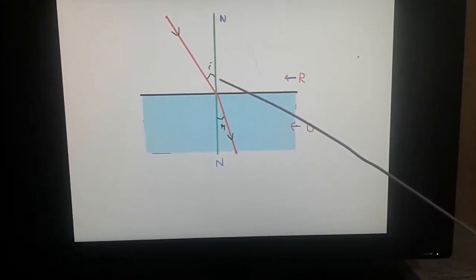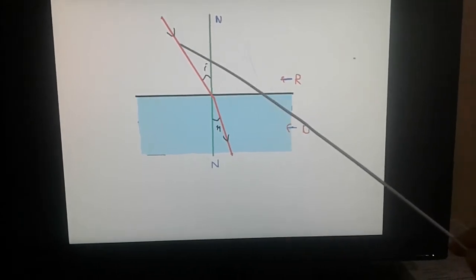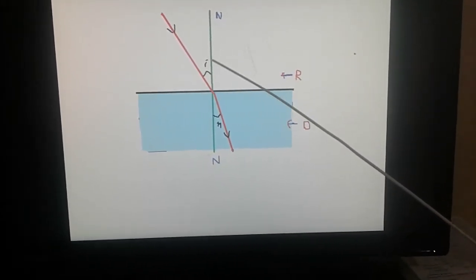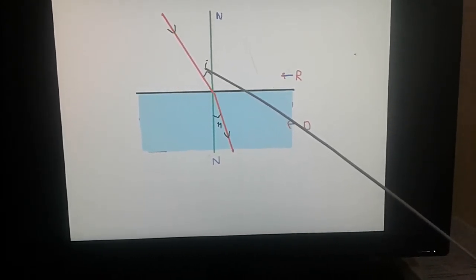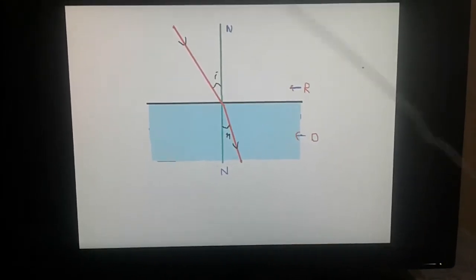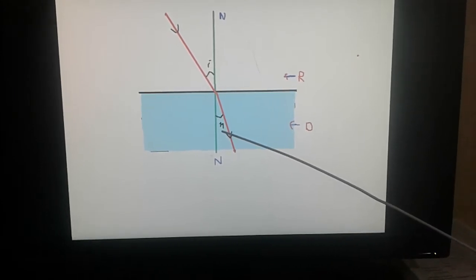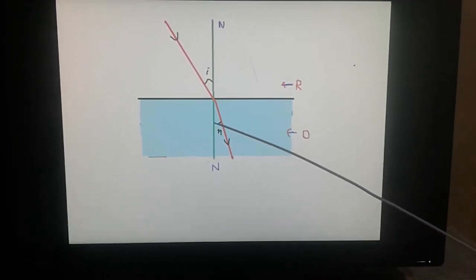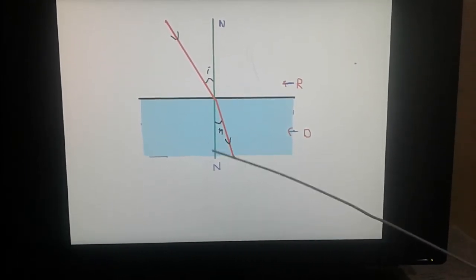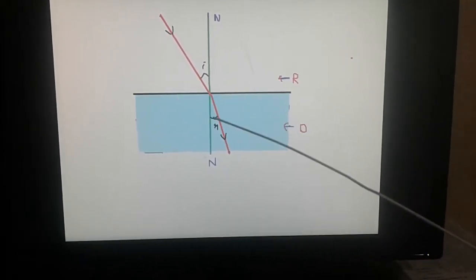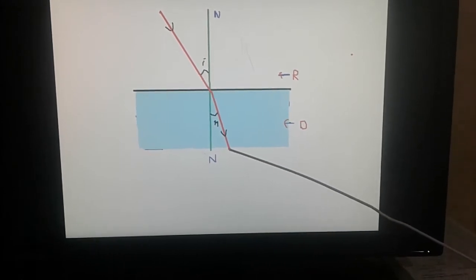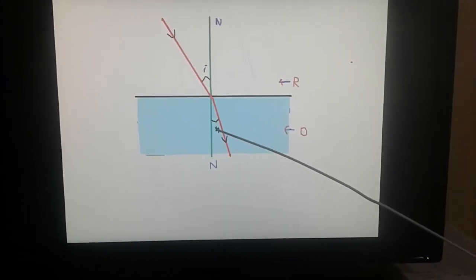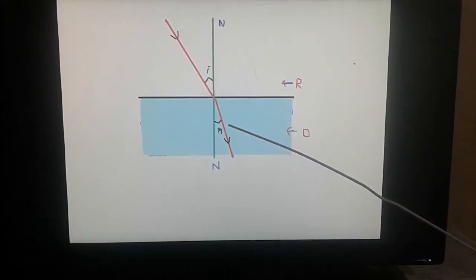How can we define angle of incidence? The angle between the incident ray and the normal N is the angle of incidence. Next, this is small r, which is the angle of refraction. How can we define angle of refraction? The angle between the refracted ray and the normal is the angle of refraction.